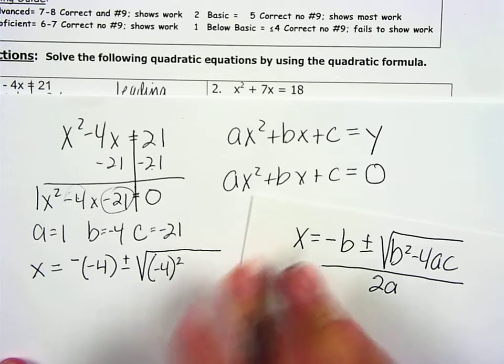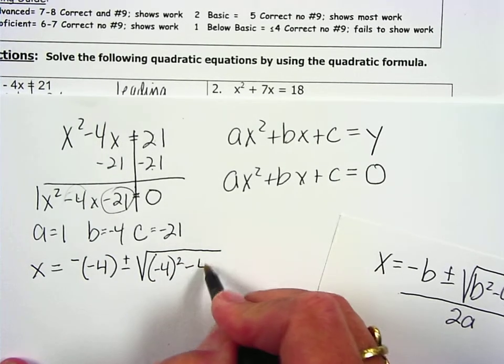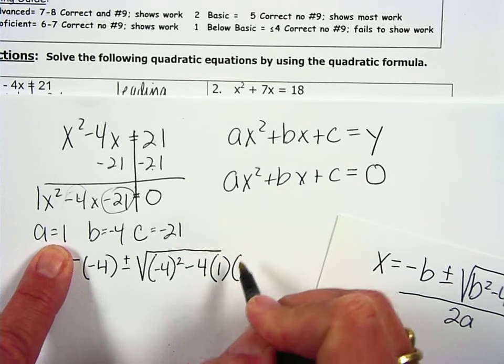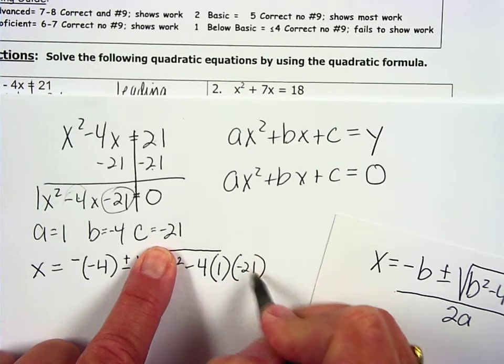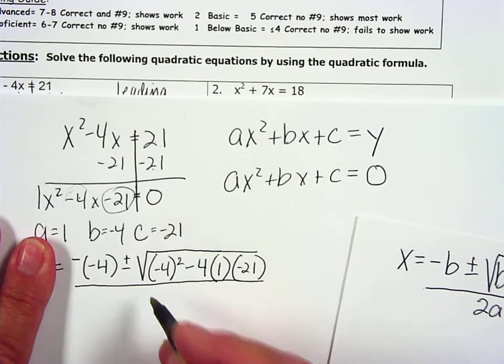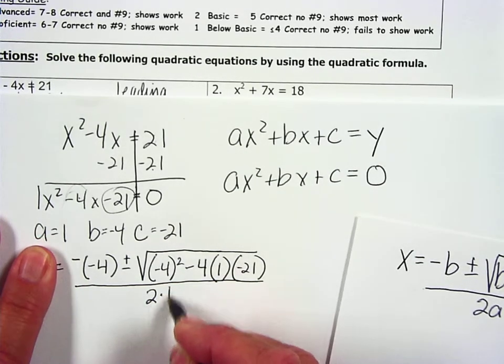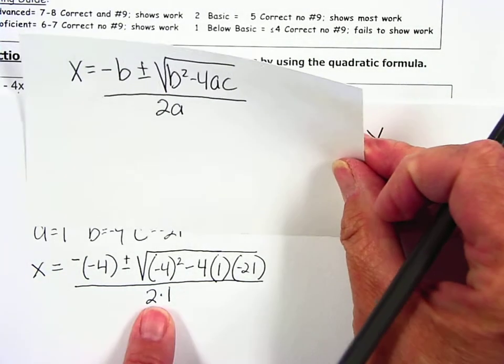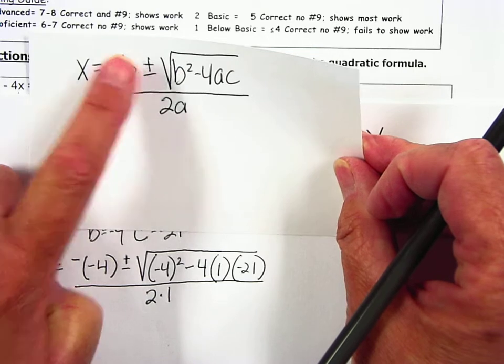We're going to square it, minus 4 times a, which is 1, times c, which is negative 21. All of this on the right side of the equation is all over 2 times a, and a is 1. So there's your quadratic formula, and there's everything plugged in just like this.